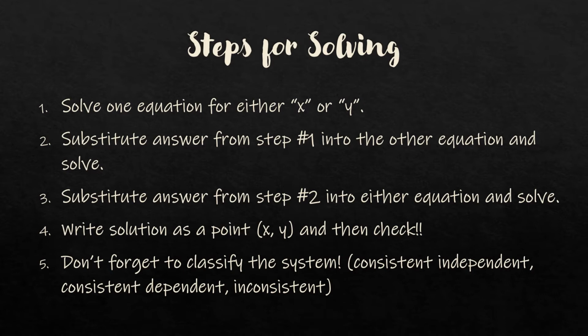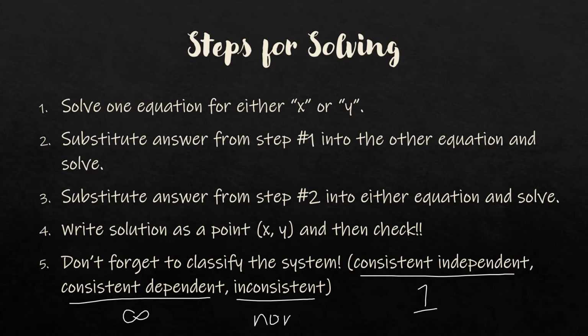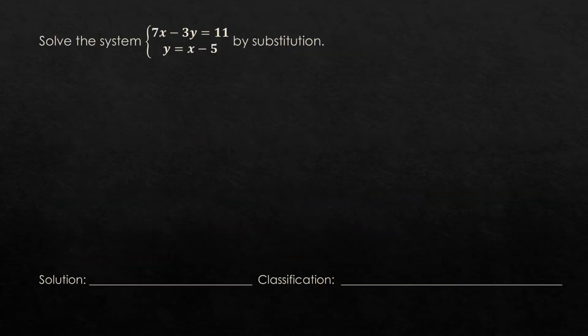We have 3 classifications: consistent independent, consistent dependent, and inconsistent. Consistent independent is if you have one solution. Consistent dependent is if you have infinitely many. And inconsistent is if you have no solutions, which would be parallel lines.